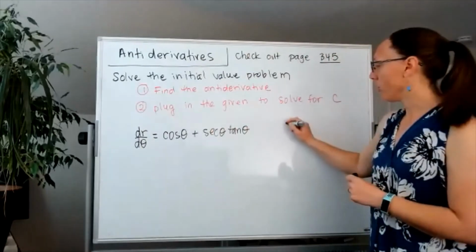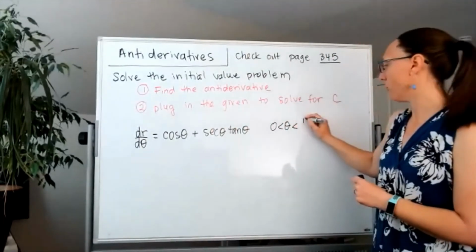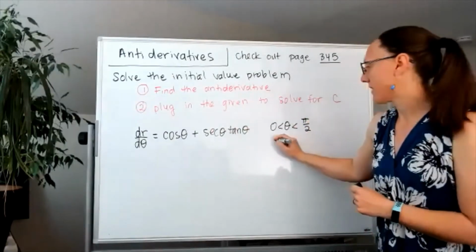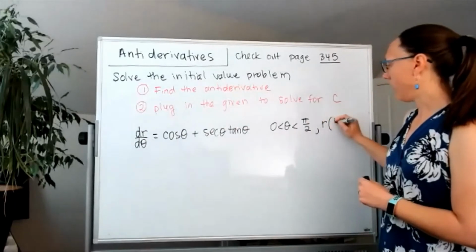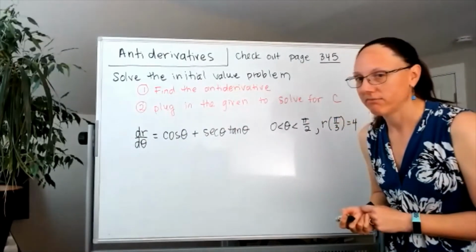And we know that theta is between 0 and pi over 2. And we know that r of pi over 3 is equal to 4.